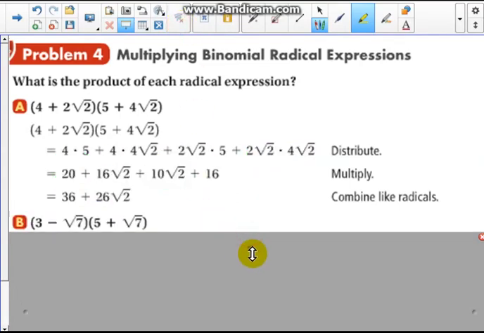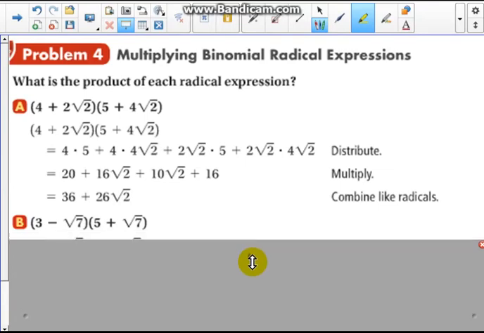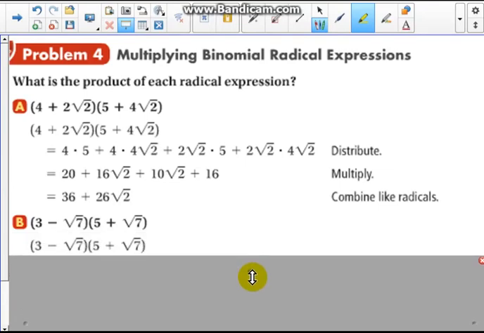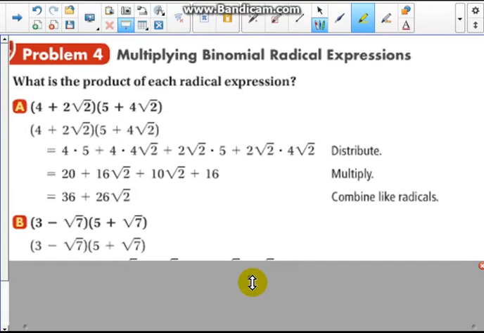Our next problem is now with a minus sign. Binomials with minus signs. So again, we're just going to do the FOIL process, paying attention to our negative sign. So start by writing your equation, and let's start the FOIL process.